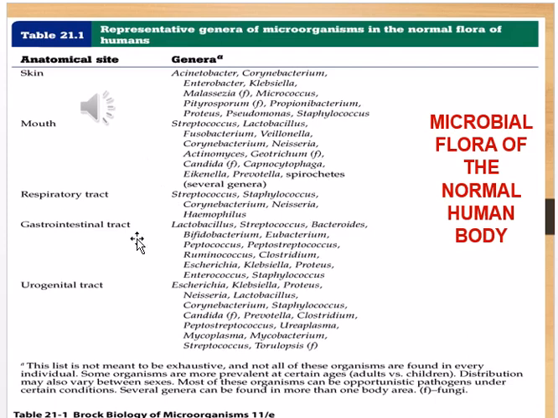There are also bacteria found in the respiratory tract, the gastrointestinal tract, and the urogenital tract as well. So a lot of this microbial flora is found within our body.